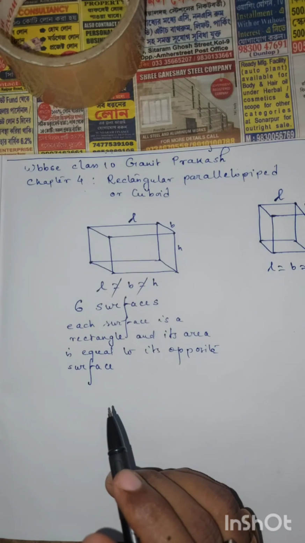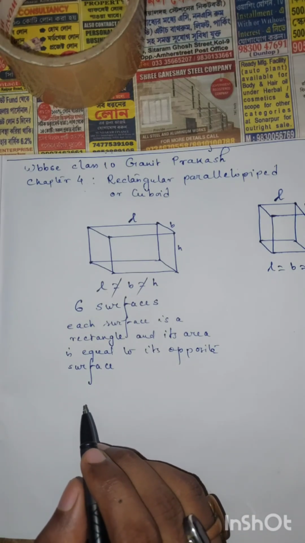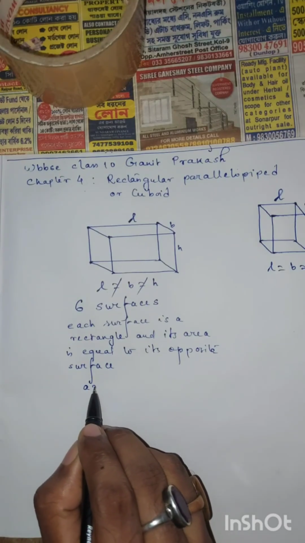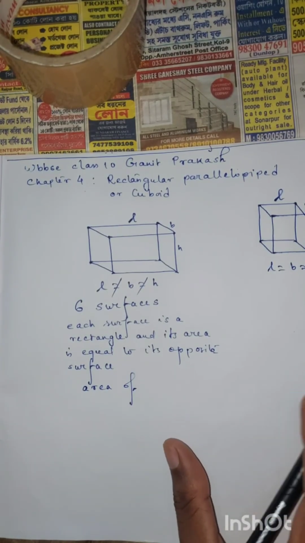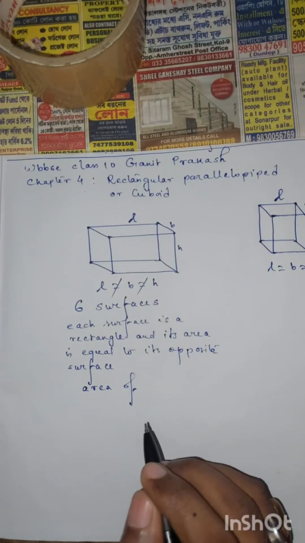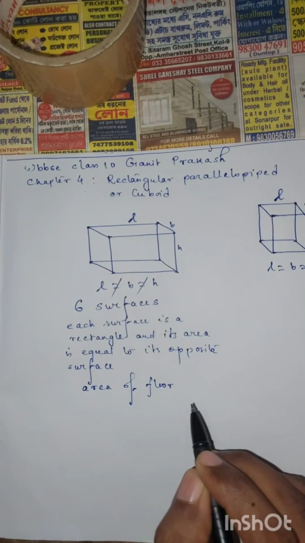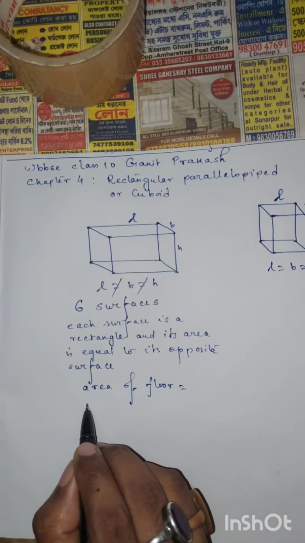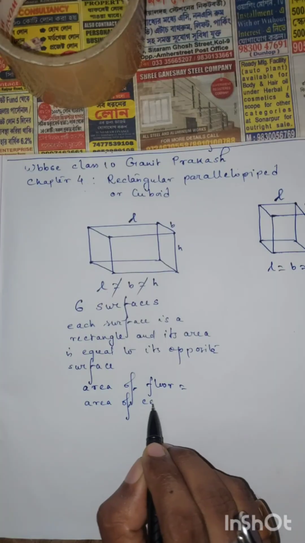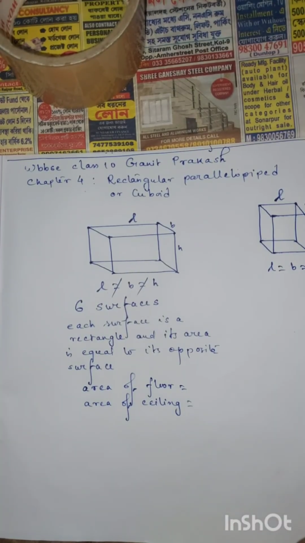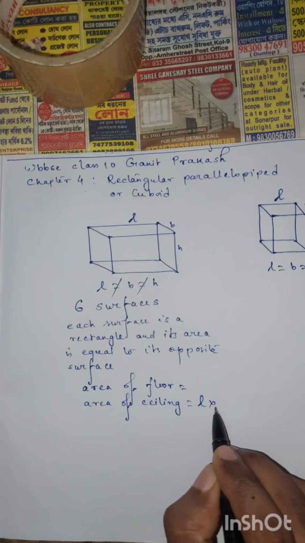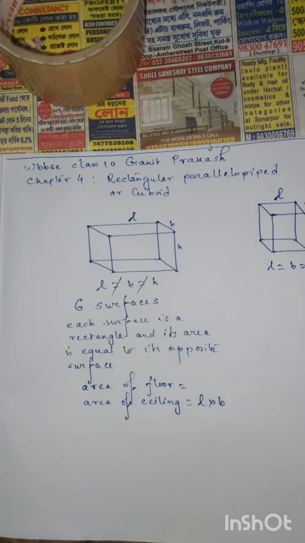So area of floor is equal to area of ceiling, which is equal to L into B. So two surfaces which are facing each other are equal in area.